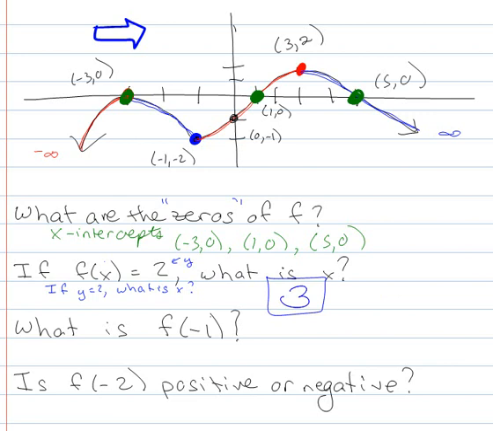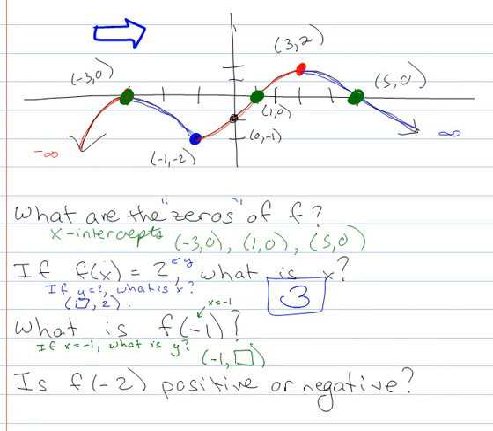Okay? Now we're looking at the next question. What is f of -1? Remember, this is our x value. So if x is -1, what is y? Again, we're looking for something that looks kind of like this now. I'll write that back actually kind of like this.